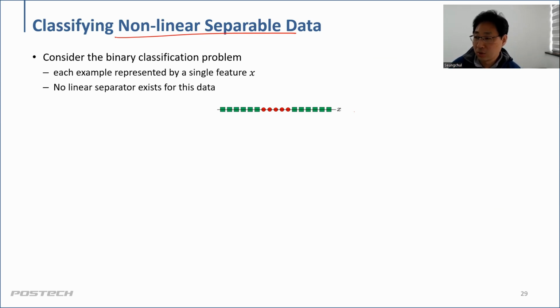We cannot get the right solution, even though this problem looks extremely simple. No linear separator exists for this data set. Any ideas? The only thing we have is a linear classifier, but the data set is not linearly separable. It's non-linearly distributed.